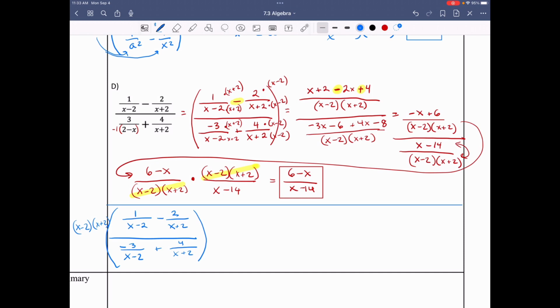And you're going to see things start to cancel. So for the first one, the denominator x minus 2 cancels, and 1 times that is x plus 2.